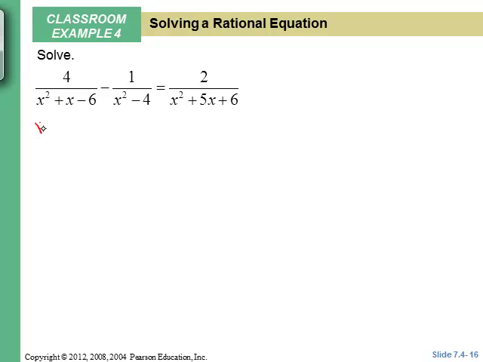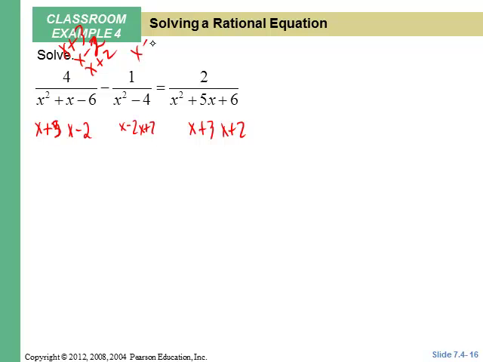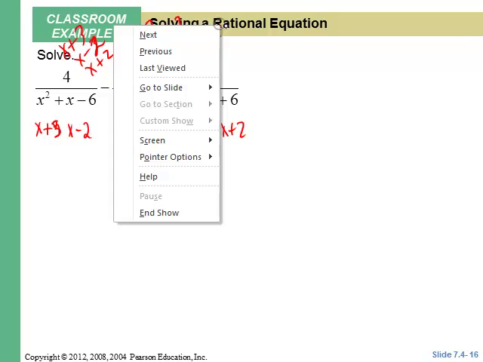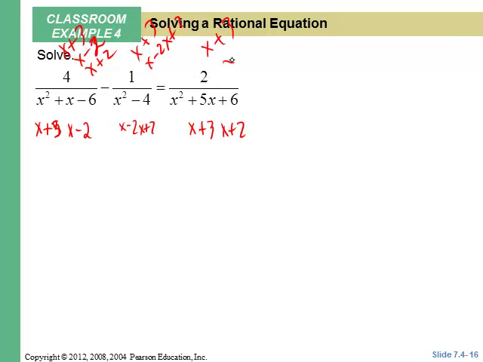Okay, let's try this one. Now, you have to factor this denominator: x plus 3, x minus 2; x minus 2, x plus 2; x plus 3, x plus 2. So our common denominator is x plus 3, x minus 2, x plus 2.